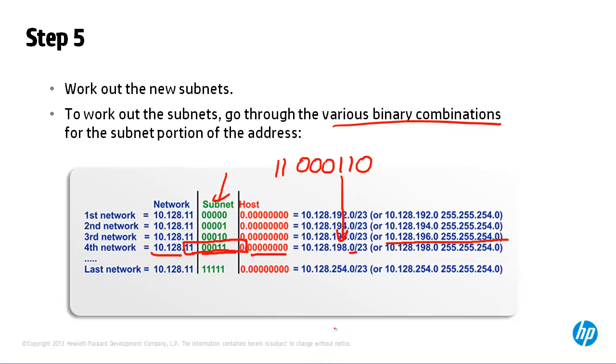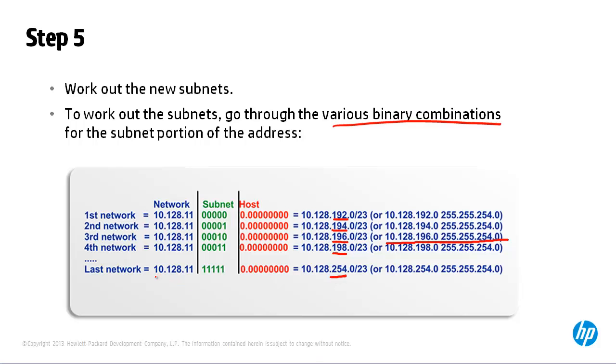So the answer is 10.128.198.0/23, or in dotted decimal notation is 10.128.198.0 with mask 255.255.254.0. At this point, you can hopefully see a sequence. 192, 194, 196, 198. It's going in multiples of 2. So the next one would be 200, 202, 204, etc., all the way up to the last one.